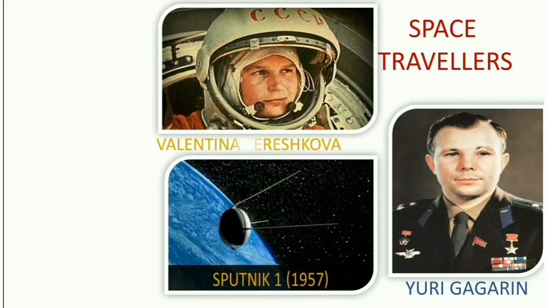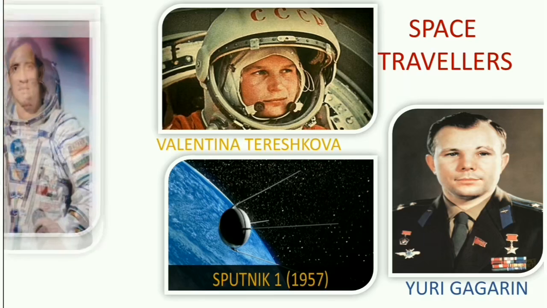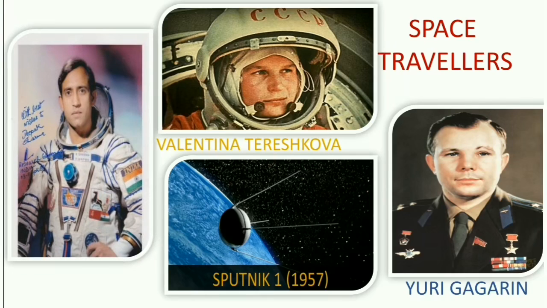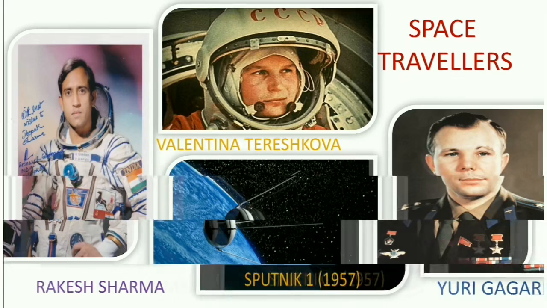Next one is Valentina Tereshkova. She was the first Russian woman to go into the space. And Rakesh Sharma was the first Indian to go into the space, meaning the first Indian man to go into the space.